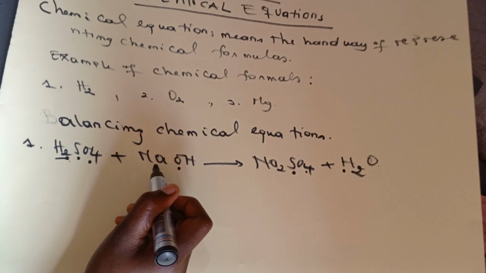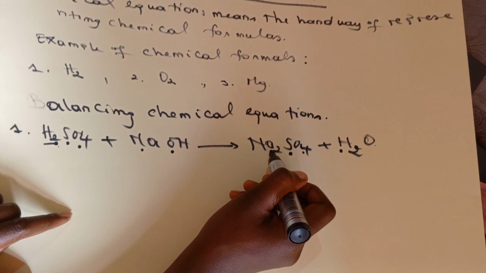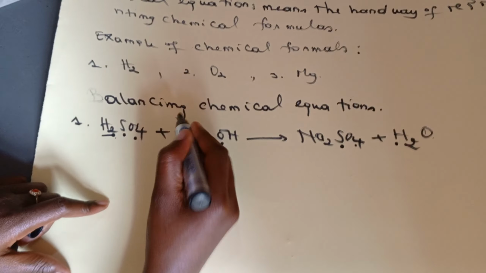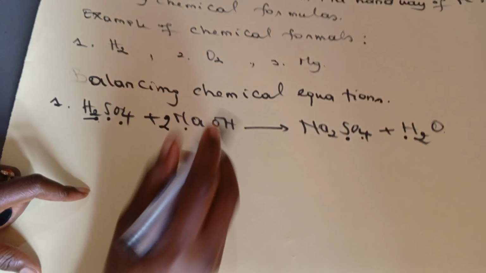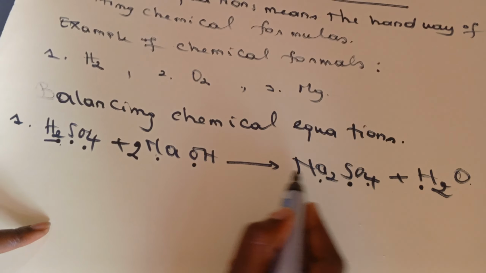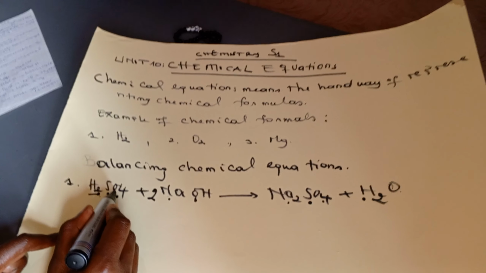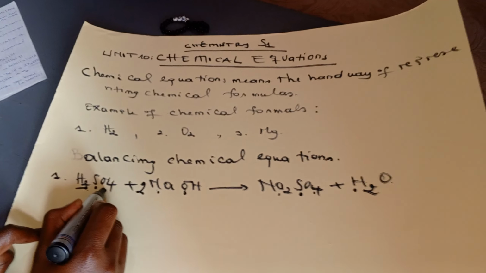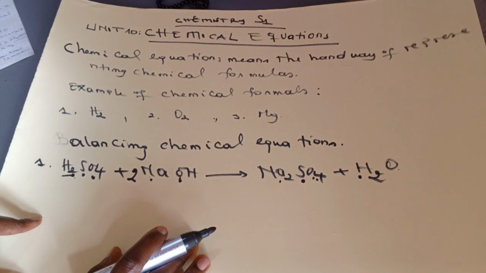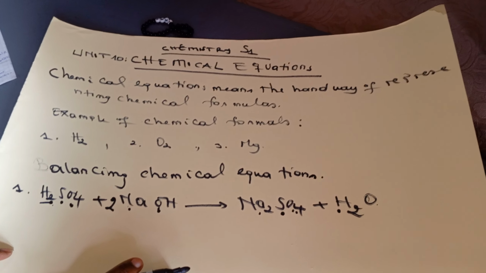But when we look at sodium, there is 1 sodium on one side and 2 on the other. We have to balance this sodium, so we put 2 here. 2 sodium, 2 sodium. It is balanced. 2 oxygen reacting with the 4 gives 6, but on the other side 4 plus 1 gives 5, which means the oxygen is not balanced.